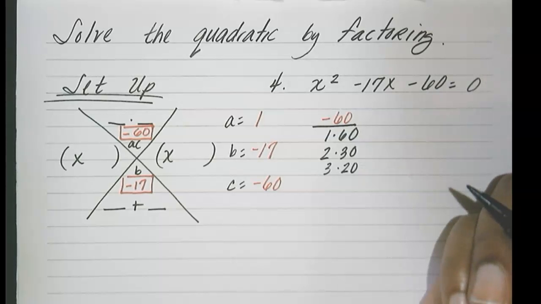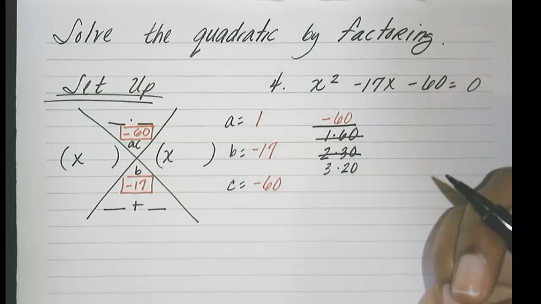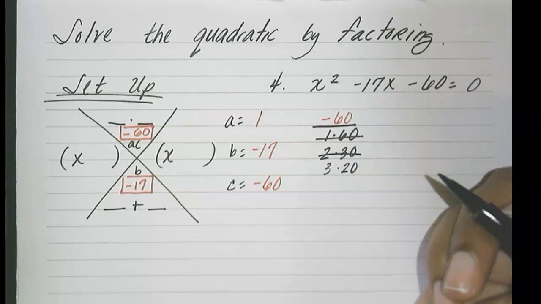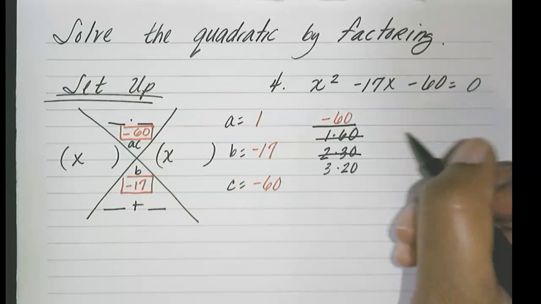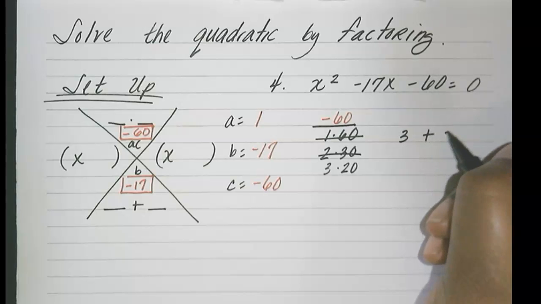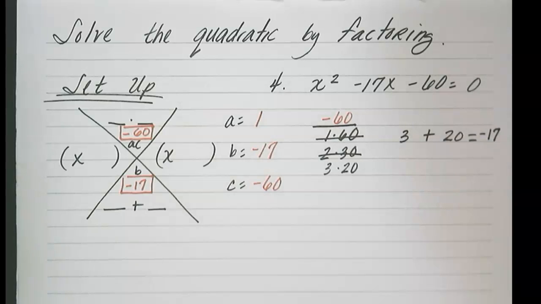Add or subtract, give you 17. Boom, boom. Now what you have to figure out, you need 3 and 20 to add and give you a negative 17.